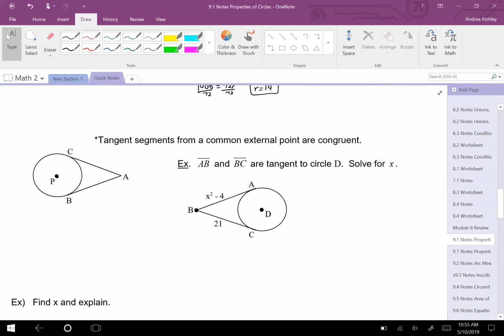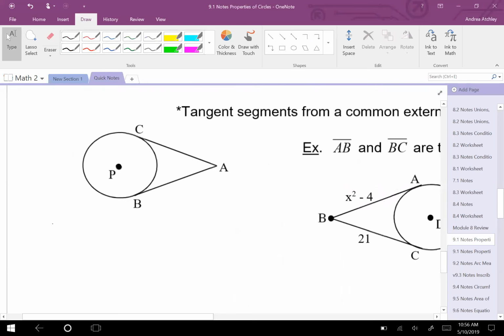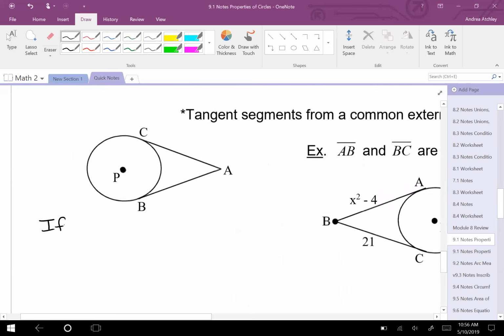So I'm going to say here, if CA and BA are tangent to circle P, then segment CA is congruent to segment BA.